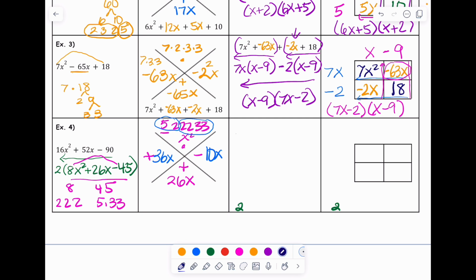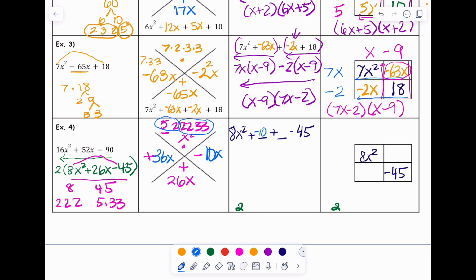We have our first term, which is 8x squared. Remember that we are doing the factored form of that, meaning that we've already taken a 2 out. That makes our life way easier. And so here we would have 8x squared and negative 45. Okay, cool. And so our 2 values that we had were 36 and negative 10.